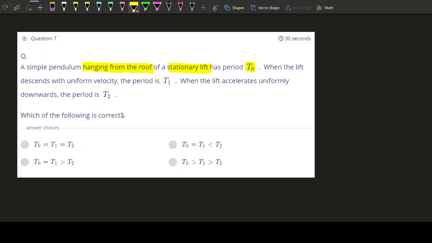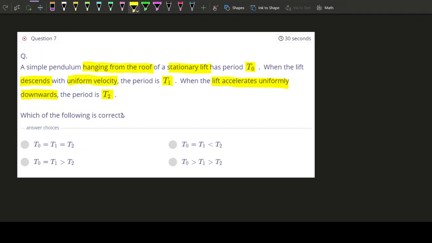Then when the lift is descending with uniform velocity, the period is T1. Then when the lift accelerates uniformly downwards, the period will be T2.